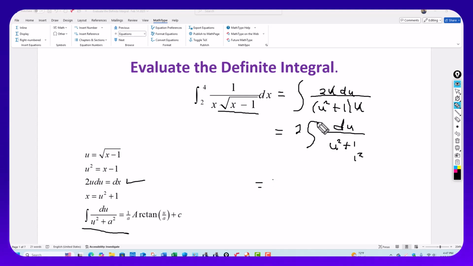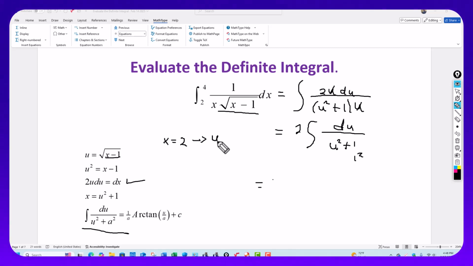So according to this formula, this is going to be the integral. Now at this point, I'm going to go ahead and put the limits of integration here. So let's do it this way. The limits go from x equals 2 to x equals 4. We're going to transform that to u. So when x is equal to 2, 2 minus 1 is 1. The square root of 1 is 1.